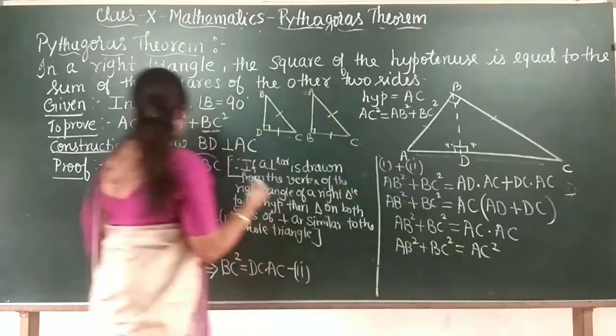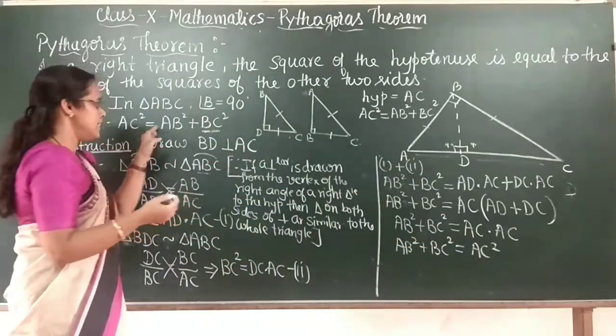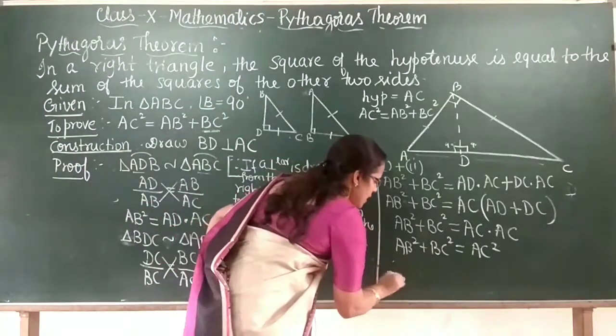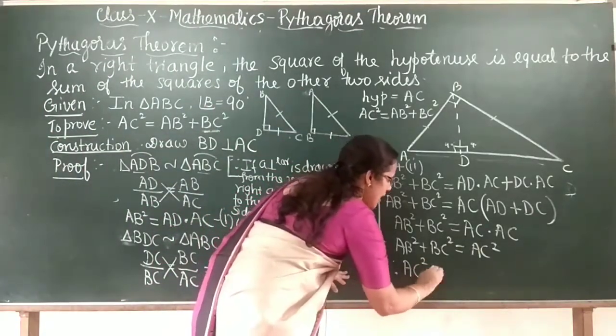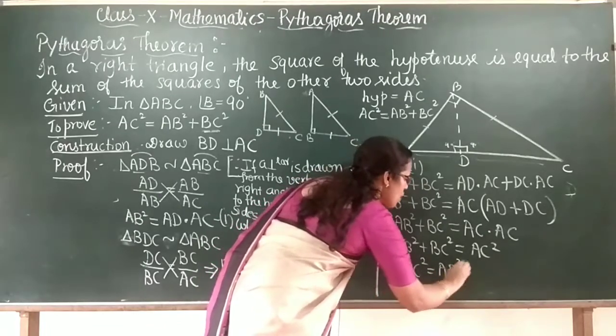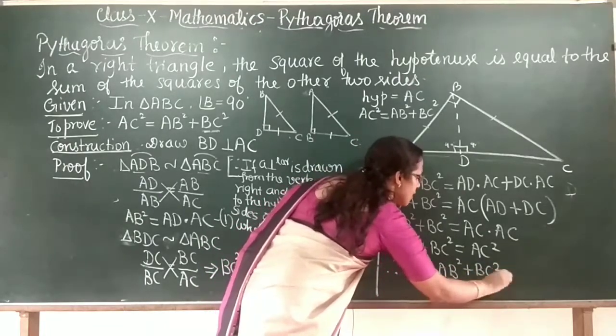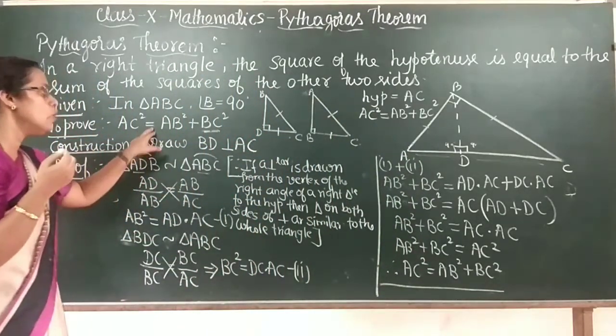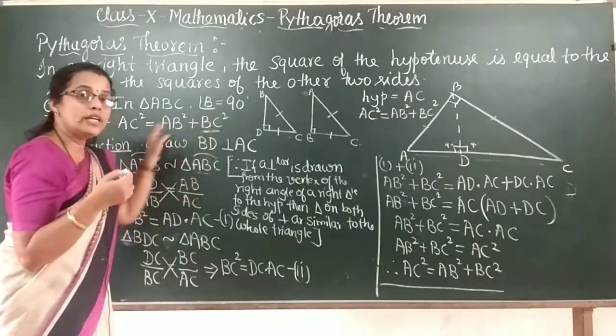So that only I want to prove, children. AC square is equal to AB square plus BC square. So finally we can write, therefore AC square is equal to AB square plus BC square. Hypotenuse square is equal to the sum of the squares of the other two sides.